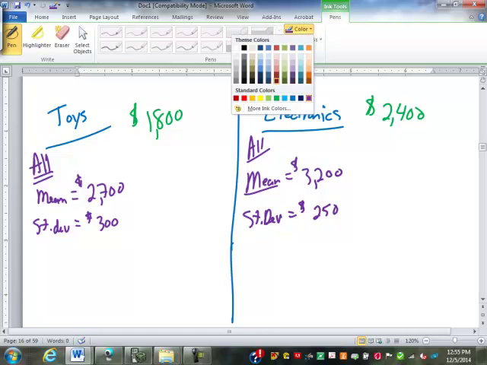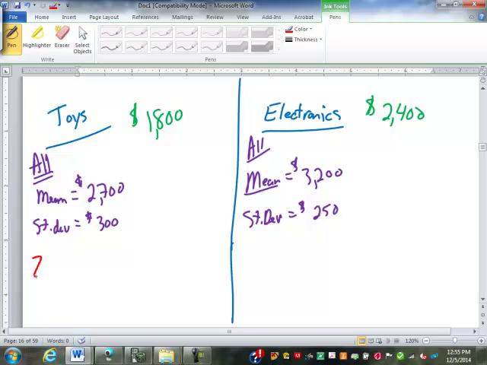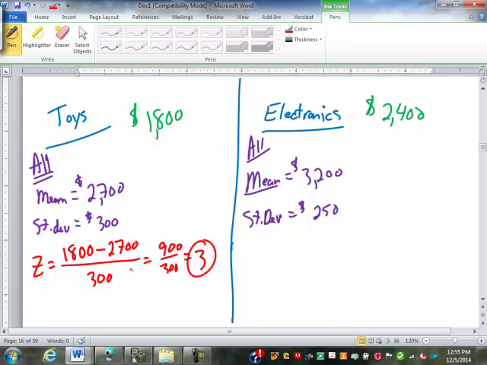Let's calculate a Z-score. The Z-score for this person will be their sales of 1,800 minus the mean for everybody of 2,700, and then divided by 300. 18 minus 27 is 900. Actually, it's a negative 900, so divided by 300 would be a negative 3. So that has a Z-score of negative 3. What that means is this value is 3 standard deviations less than the mean of 2,700.